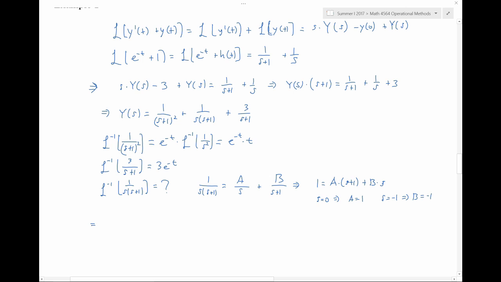And as a result, the inverse Laplace transform of 1 over s times s plus 1 equals the inverse Laplace transform of 1 over s minus 1 over s plus 1.